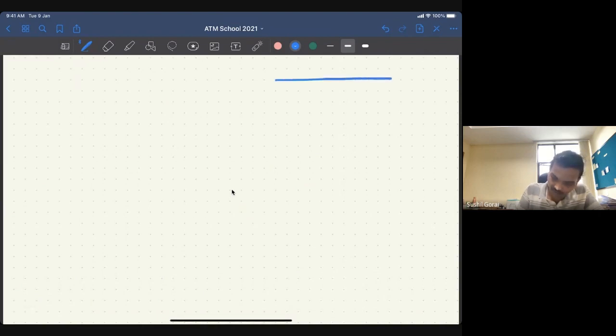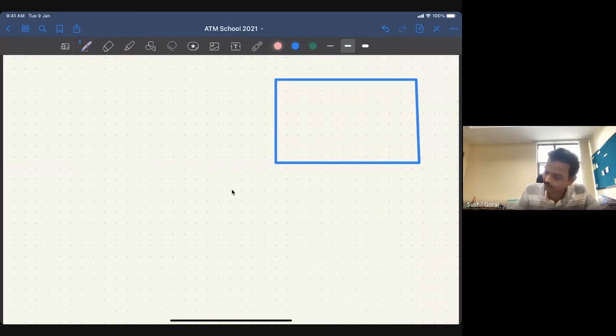Let me draw the rectangle again. All right. So what we would like to do is divide this into 4 rectangles.